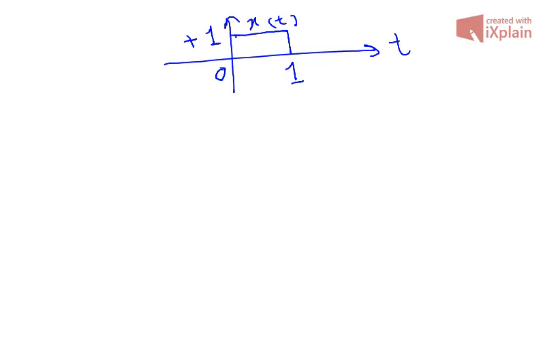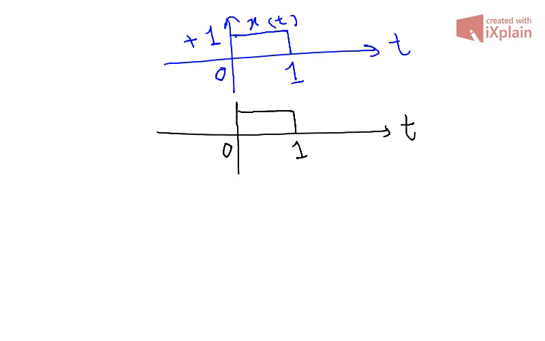If I want to find the autocorrelation of this function with the same pulse, autocorrelation is the correlation with the shifted version of the same pulse.